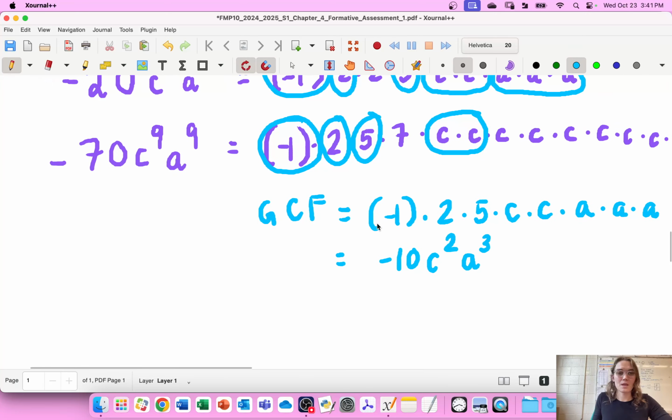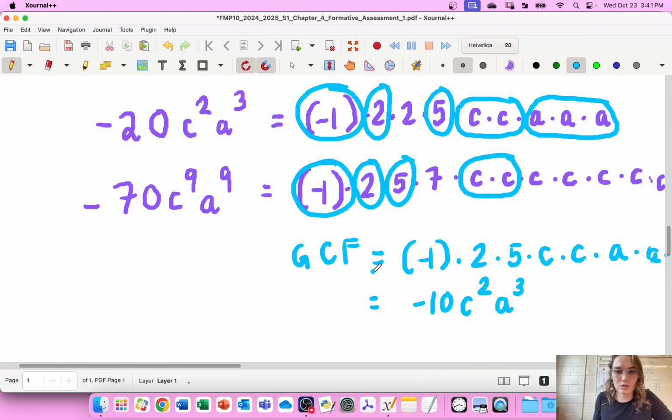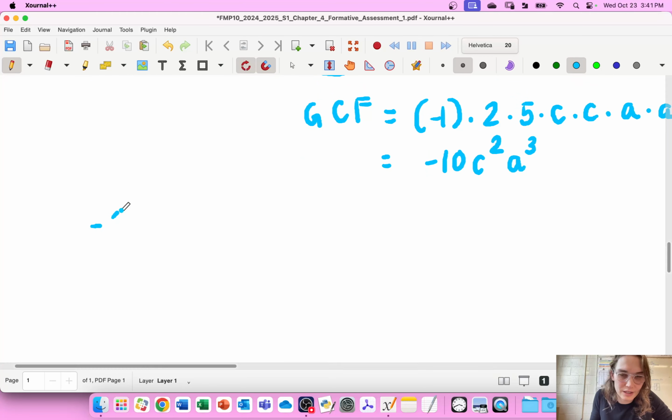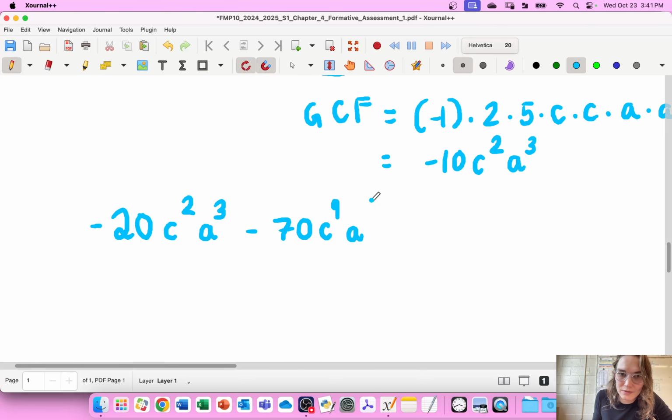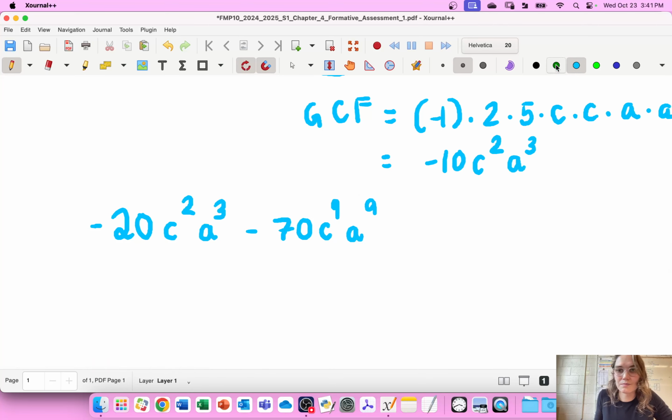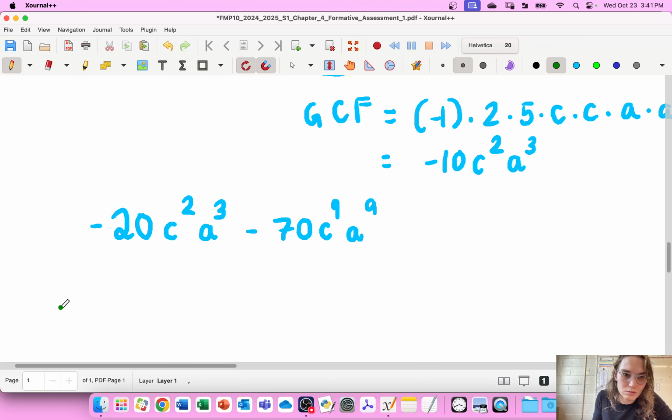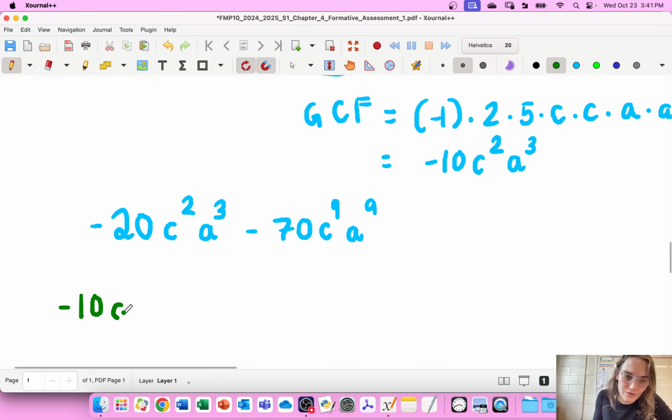So I pull that out front. So I start with -20 C squared A cubed minus 70 C to the power of 9 A to the power of 9. And I basically pull out a factor of this.